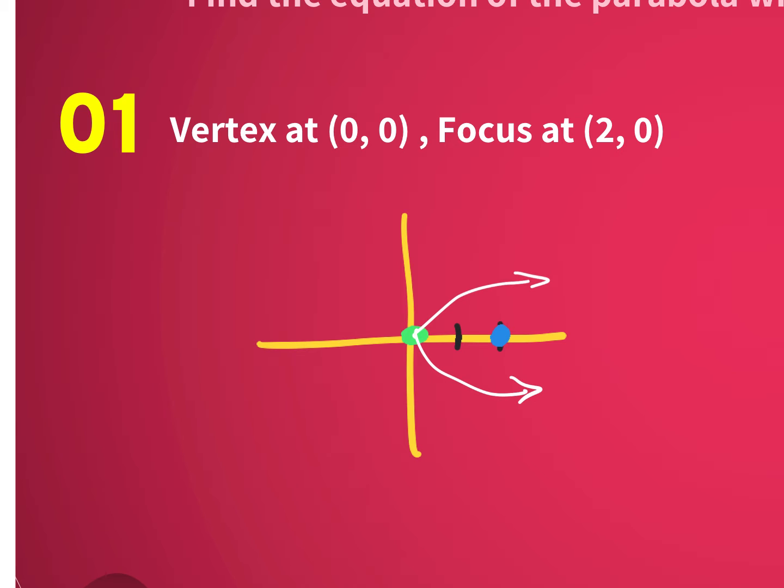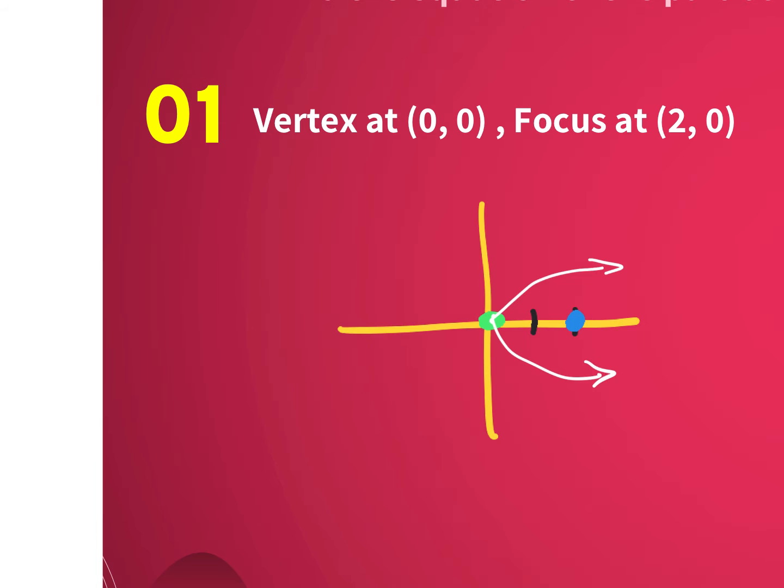So this will tell me which equation I need to use. This is the C, so this tells me it's going to be the y squared equals 4px. And now what I need to do is find that p-value. And here, since I've got a visual, remember that the p-value is the distance that the focus is from the vertex.